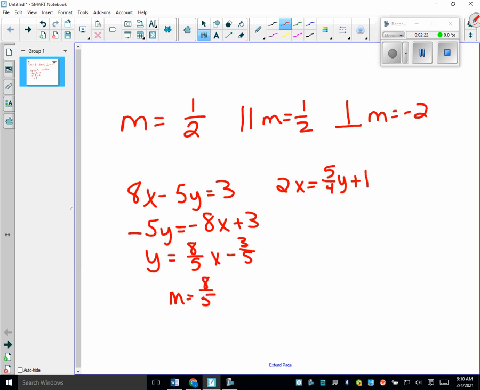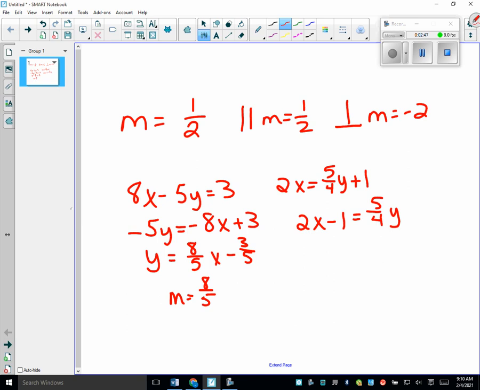Okay. Now I need to solve this one for y. How? The 1 over. Okay. So 2x minus 1 equals 5/4 y. Now what? Divide. Is that the same thing as multiplying by 4/5? Yes. Okay.